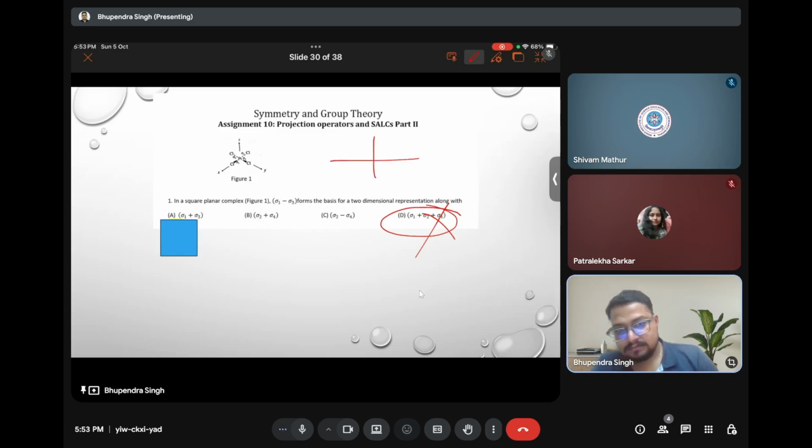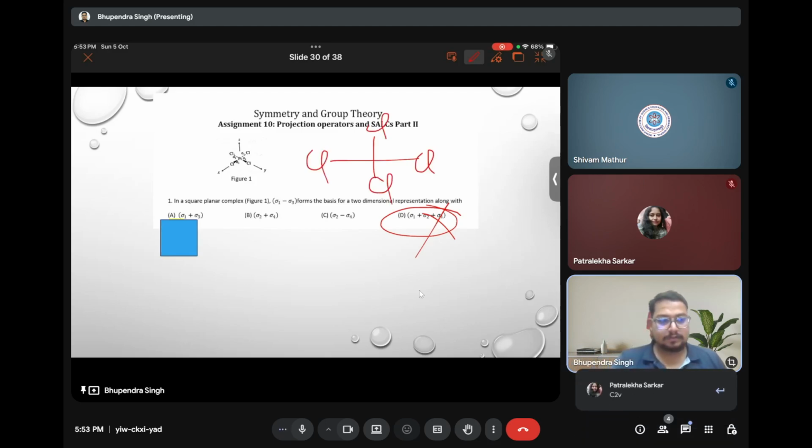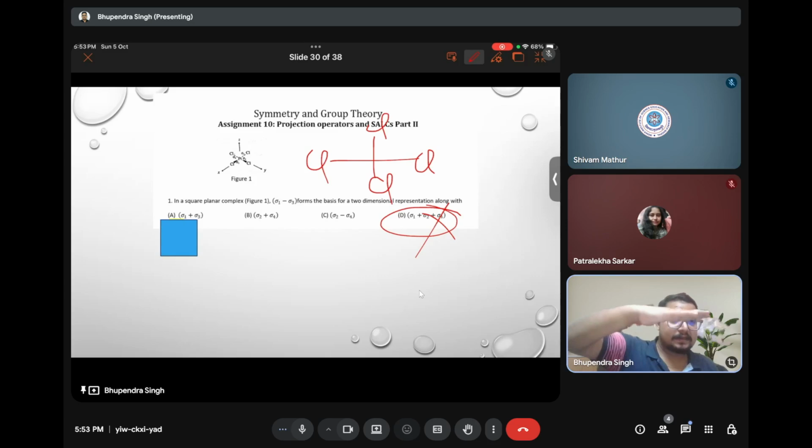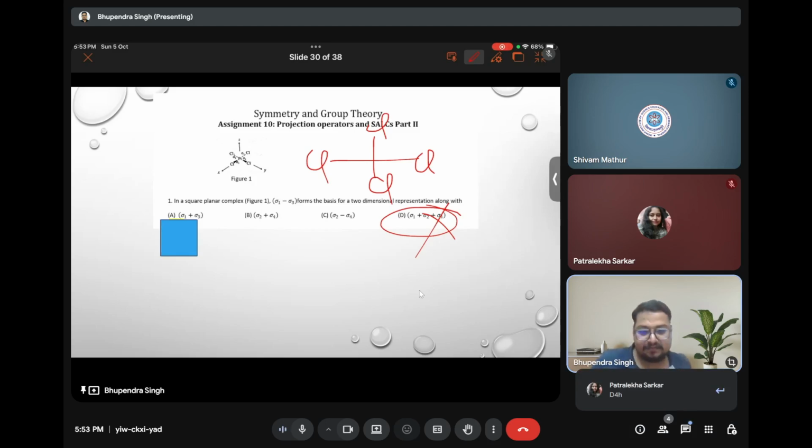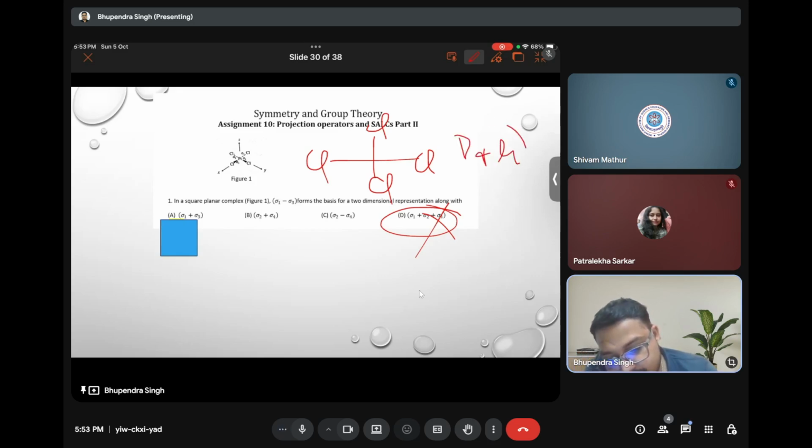Consider this, no? Cl, Cl, Cl, Cl. Not C2v. Square planar. It is written square planar complex. Square planar. Plane. D4h. Yes. The point group will be D4h. So we need the character table of D4h.